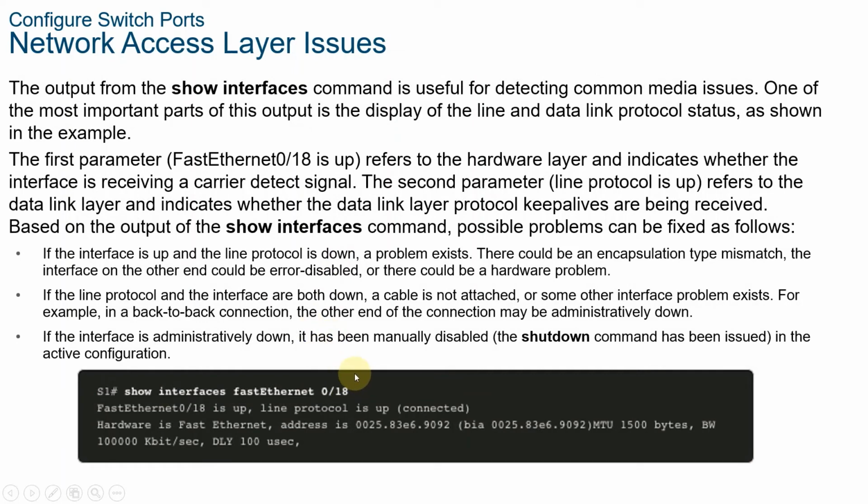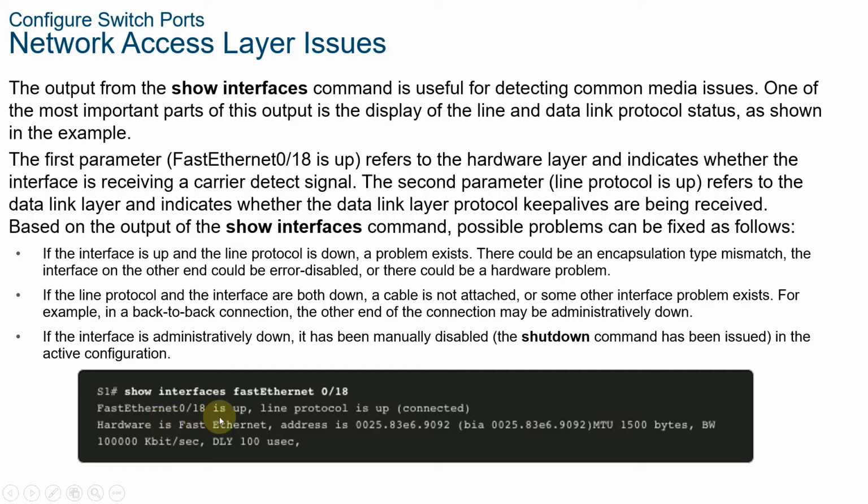Now let's talk about network access layer issues. The output of the show interfaces command is useful for detecting common media issues. One of the most important parts of this output is the display of the line and data link layer protocol status. The first parameter, FastEthernet 0/18 is up, refers to the hardware layer and indicates whether the interface is receiving a carrier detect signal.